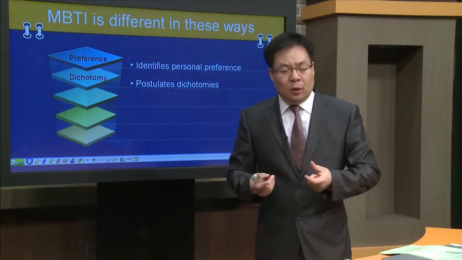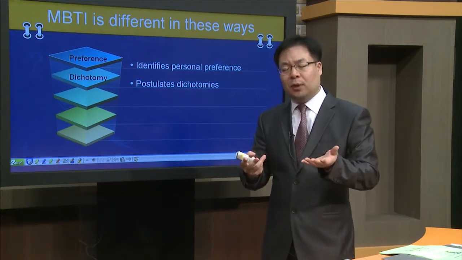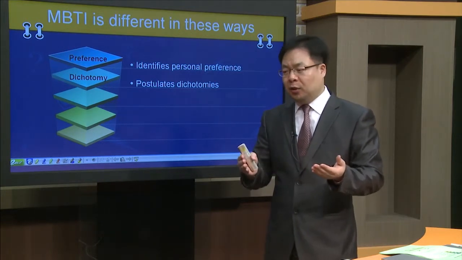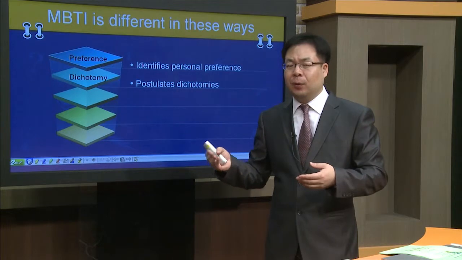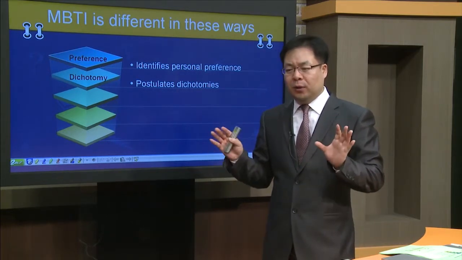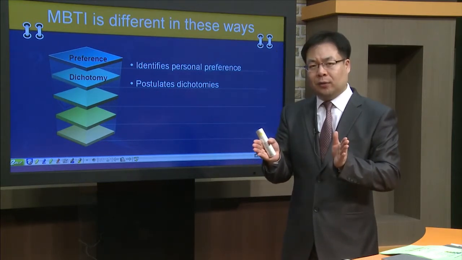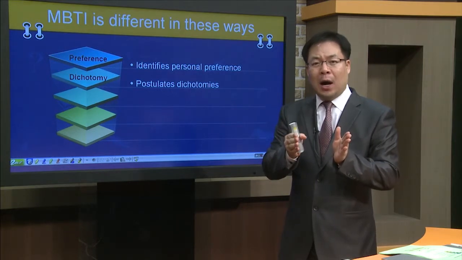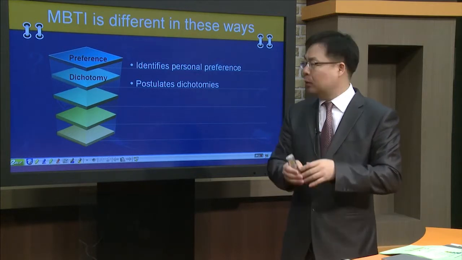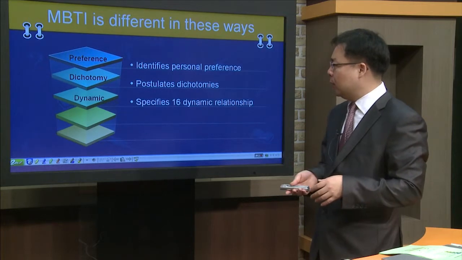For example, when we talk about personality, sometimes we say this type of person is extrovert, very outgoing, very energetic, and the other type of person is introvert, very calm, very sincere and careful. So this MBTI testing postulates dichotomous choices and asks how comfortable you are in one of 2 situations. So preference dichotomy is one of the characteristics.